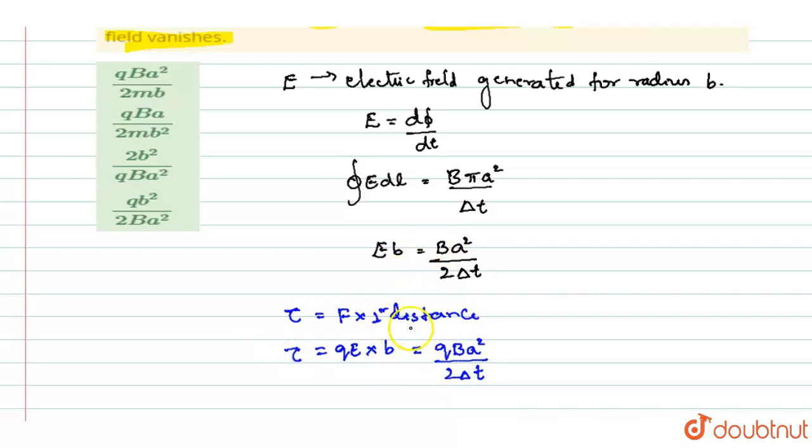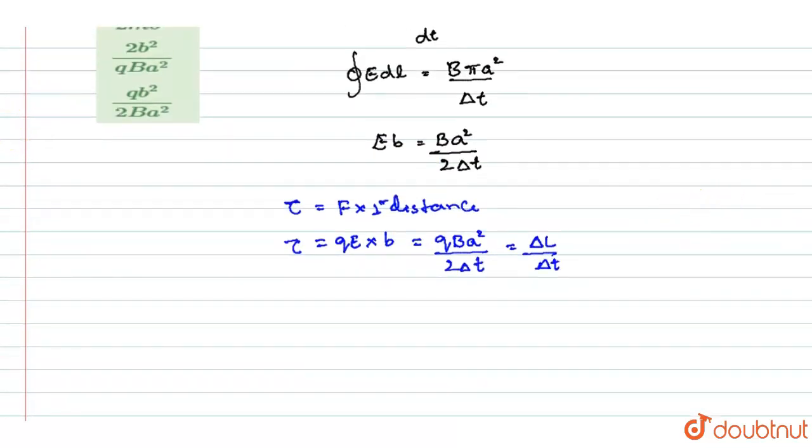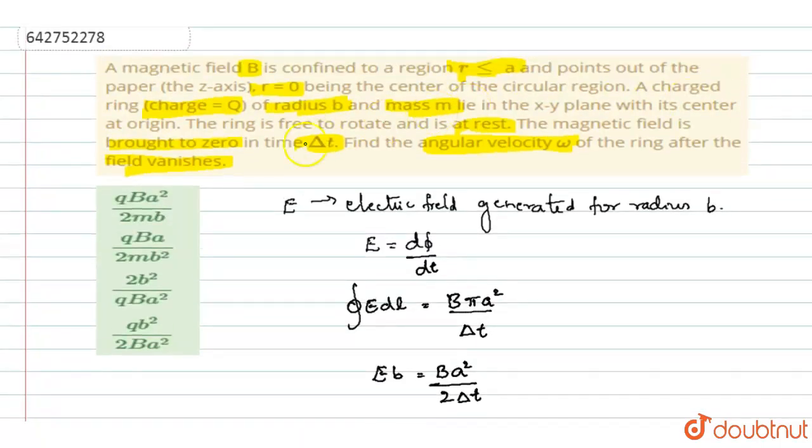Now this torque will be equal to delta L divided by delta t, so in the numerator you can take this whole thing, Q B a square by 2, as delta L. When it is rotated along with the torque, you will have an angular momentum also. Initially it is at rest, right? They are saying the ring is free to rotate and is at rest initially.